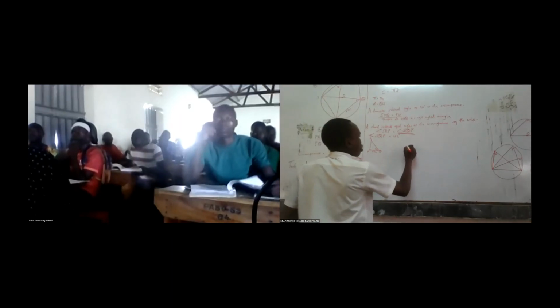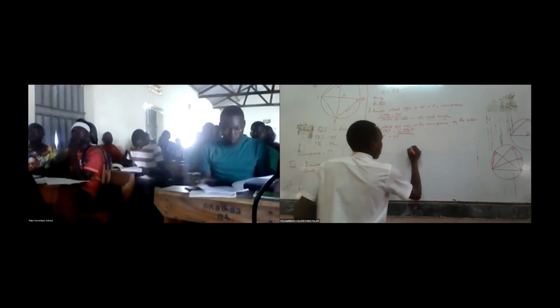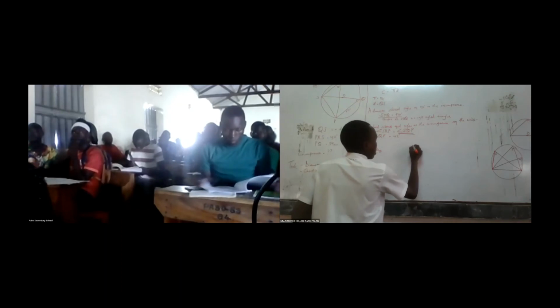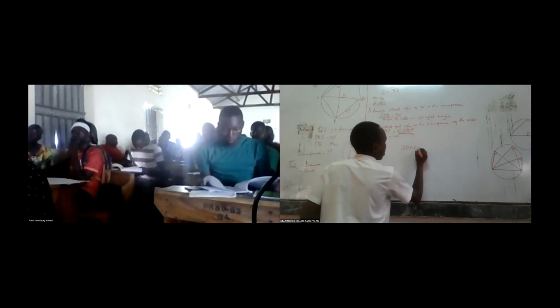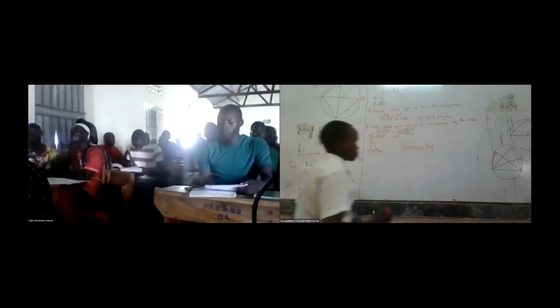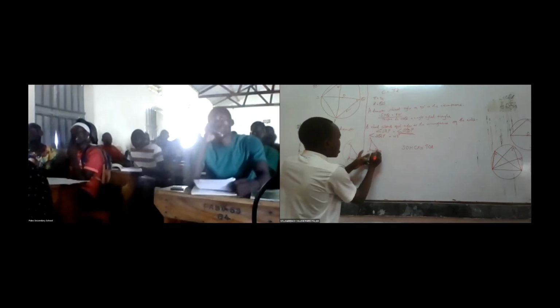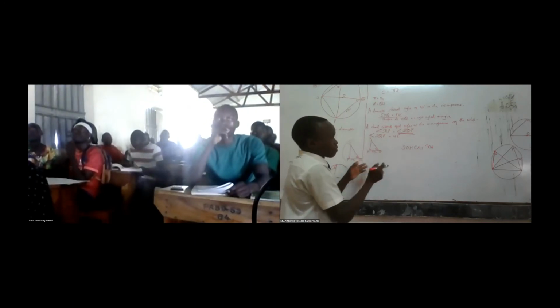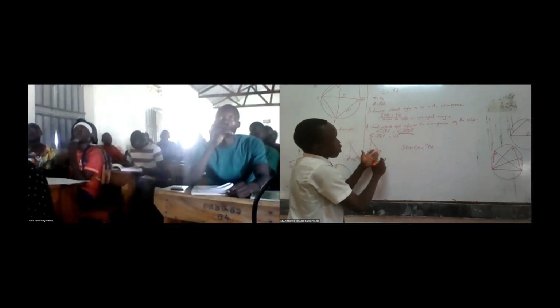recall the formula from SOHCAHTOA. Now, from this point here, we always know that in trigonometry, the slanting line is always the what?